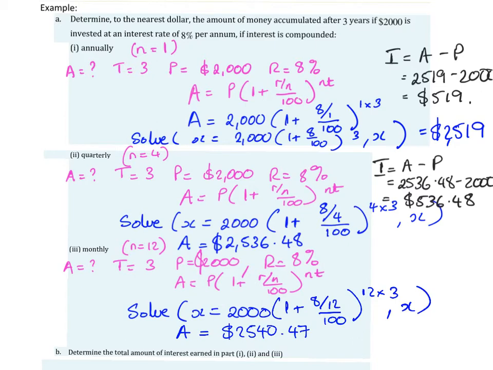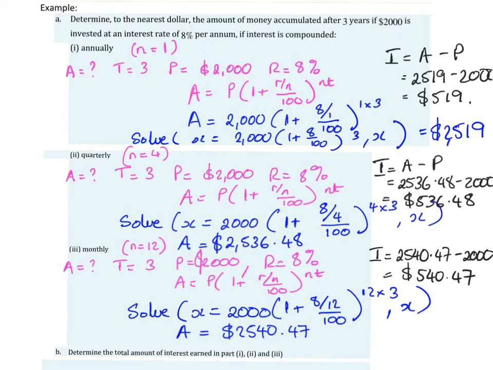Well, again, interest is equal to $2,540.47. Take away the principal, and I'm left with $540.47. So again, just a little bit more than if we were to earn interest quarterly.